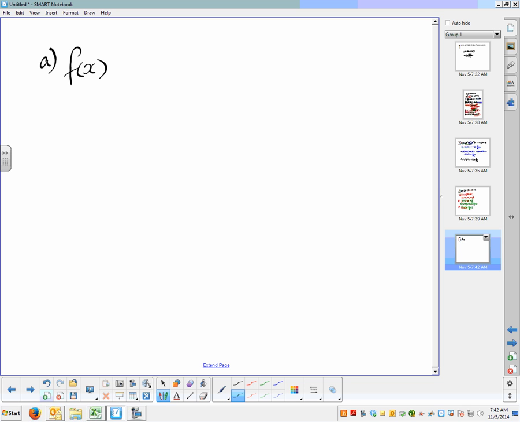So f of x is equal to x to the 4 minus 3x cubed plus 11x squared plus 17x minus 4. And all it asks you to do is to find the sum of the zeros and the product of the zeros using the formulas that we talked about before.